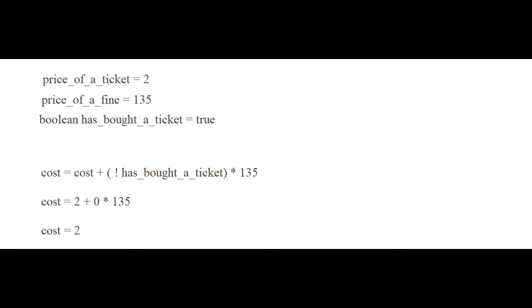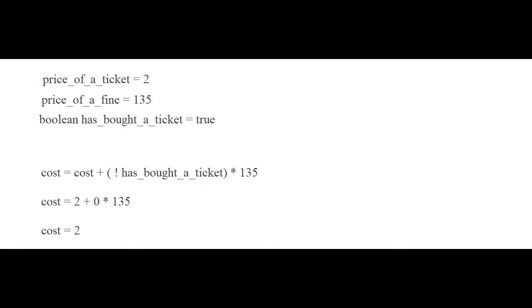It sounds better if we can call the Boolean something like has bought a ticket and use its negation in the equation. The operator exclamation point is the C++ operator for the Boolean operation not.